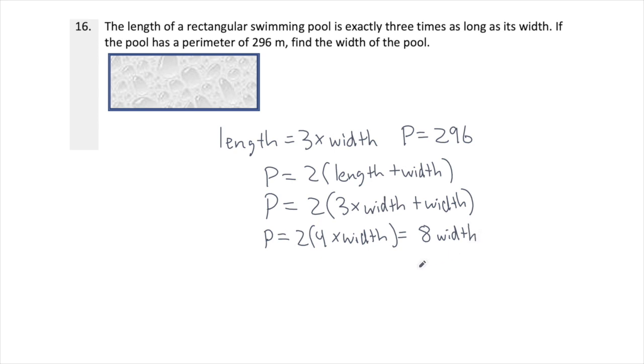Since the perimeter is equal to 296, we know that 296 is equal to 8 width. Dividing both sides by 8, we get 37 is equal to width. So the answer to this problem is 37 meters.